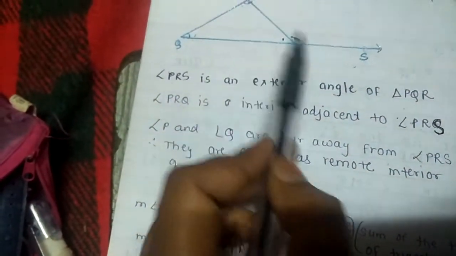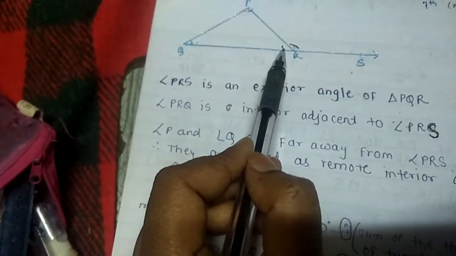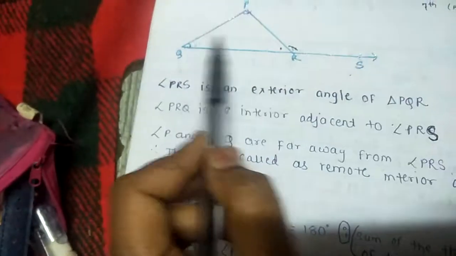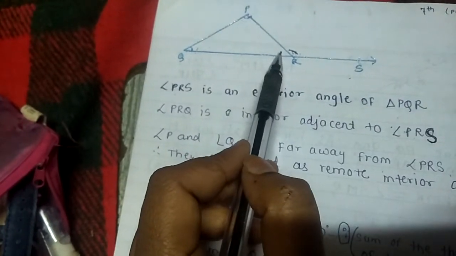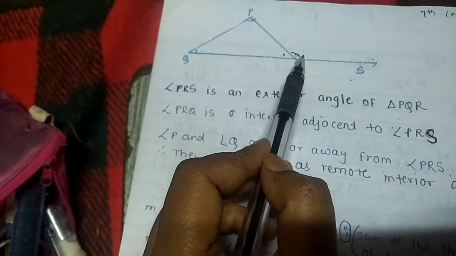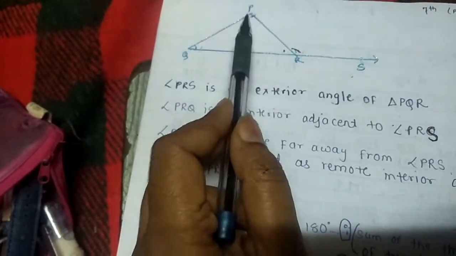Why? Because if you take this straight line, this angle and this angle are forming a linear pair. And these three angles are inside the triangle, so they are called interior angles. But this angle is exactly near that exterior angle, so it is called the interior adjacent angle, because they have a common ray.